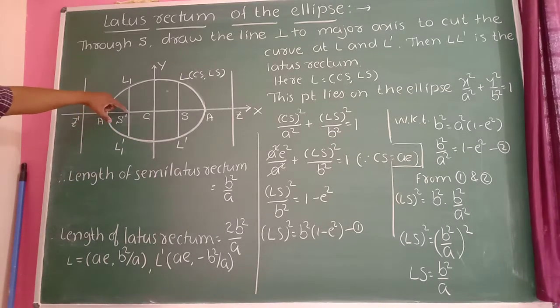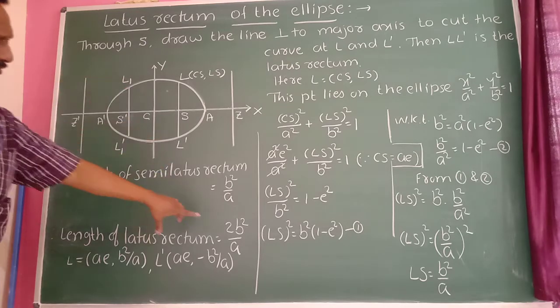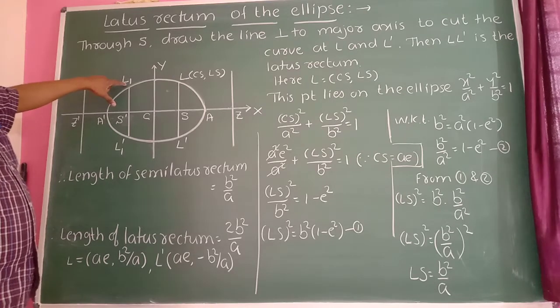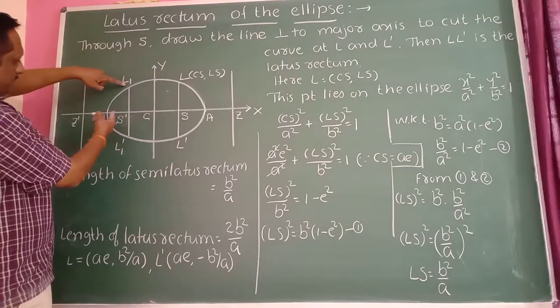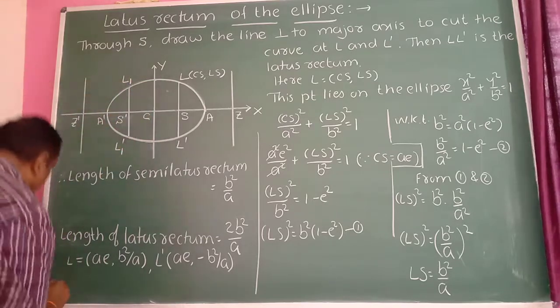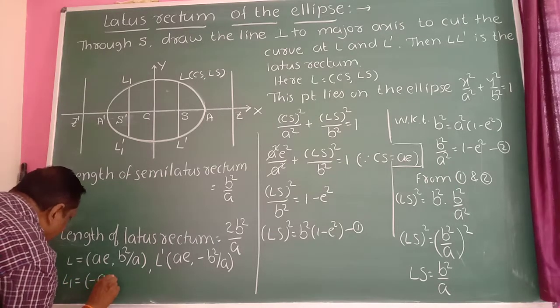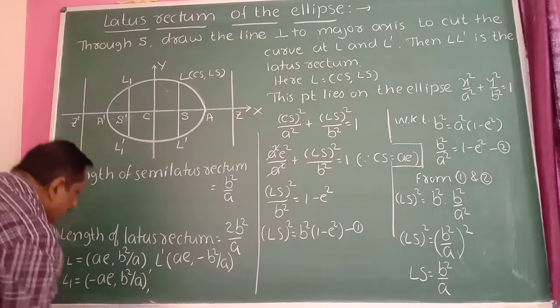L1 L1 dash is also another latus rectum, passing through this focus. Its length is the same, 2b square by a, but the coordinates are different because L1 is in the second quadrant, where x is negative and y is positive. Therefore, L1 is equal to minus AE comma b square divided by a.